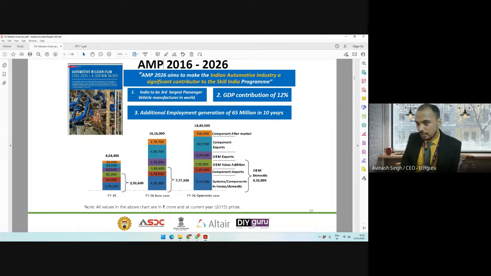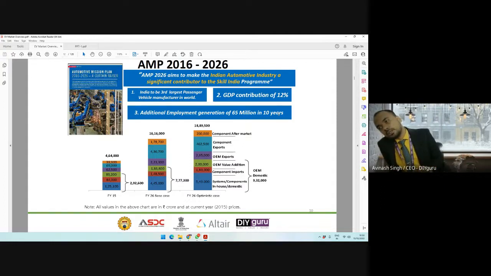This is a projection, you can say, because of the population growth, and maybe because India is now moving into that whole upper class segment, because people now have more purchasing capacity.